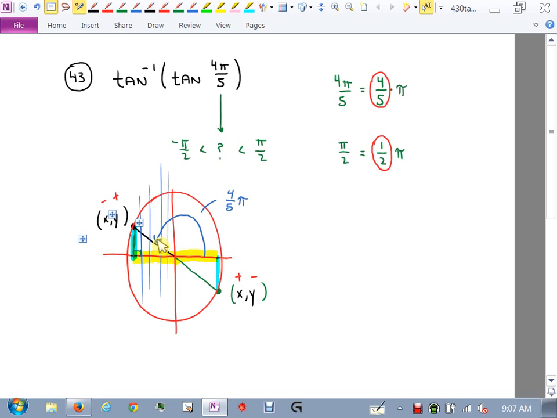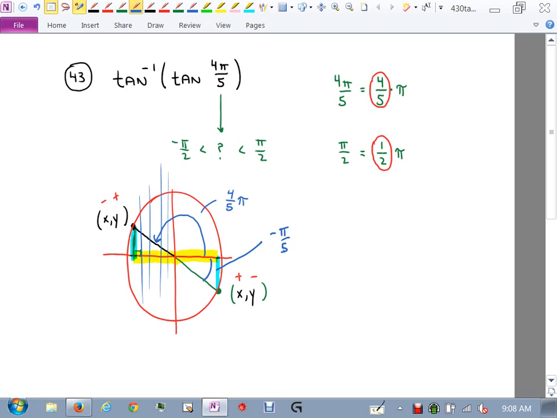Do you see that by the symmetry of the circle? So I can deduce from this that this angle right here has to be negative pi over 5. And it's negative why? Because it's a clockwise rotation. So tangent of 4 pi over 5 is exactly the same as tangent of negative pi over 5.